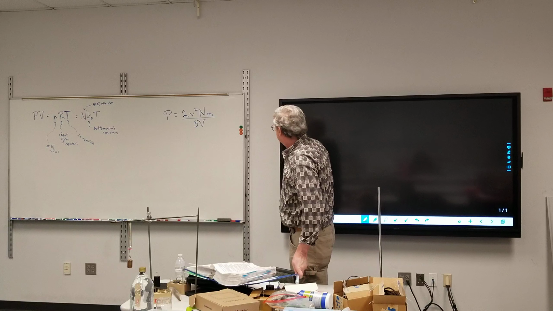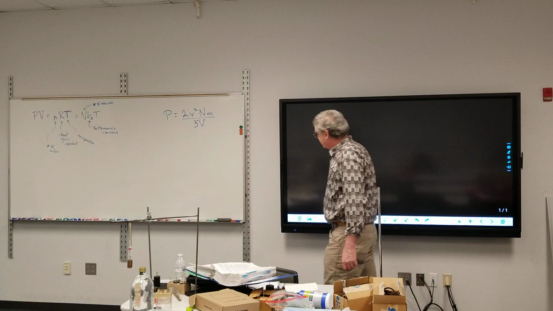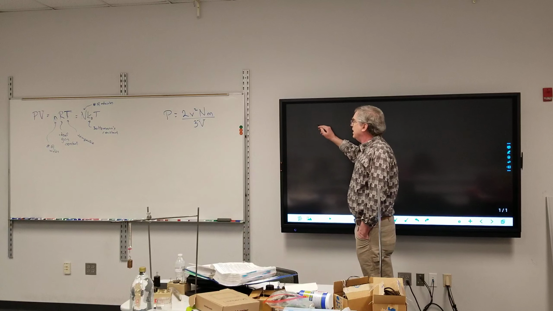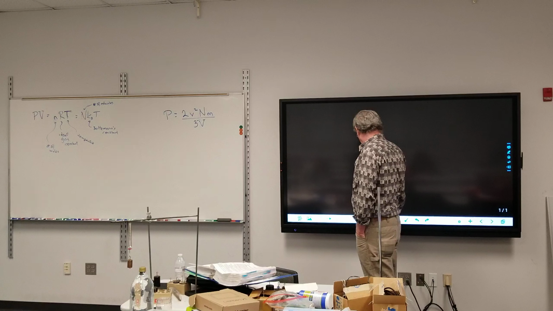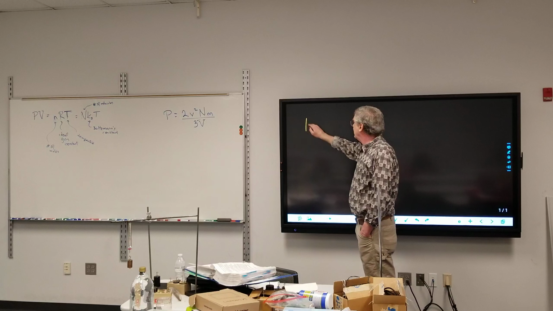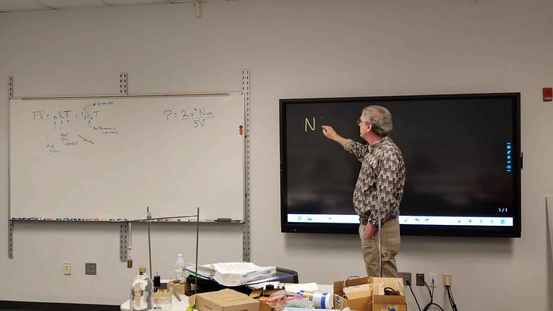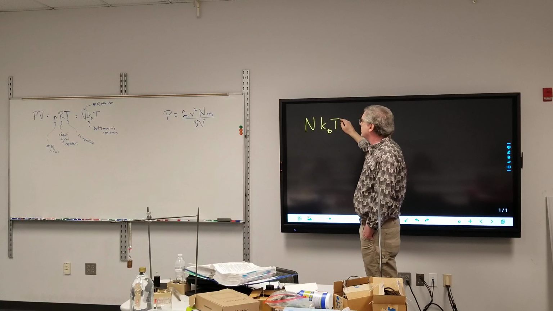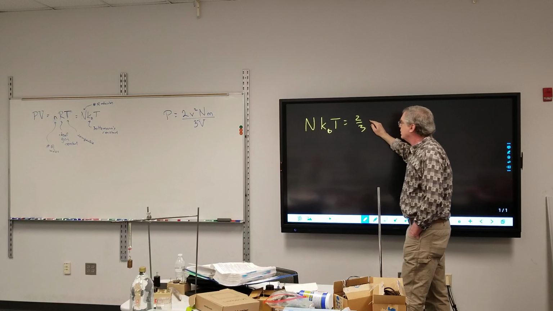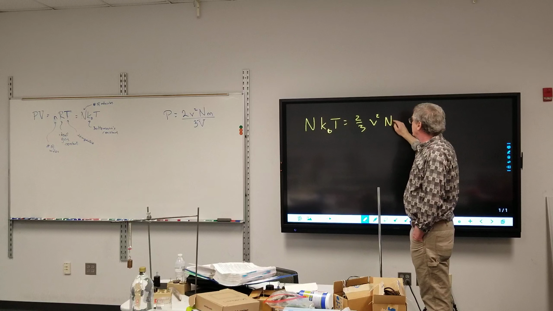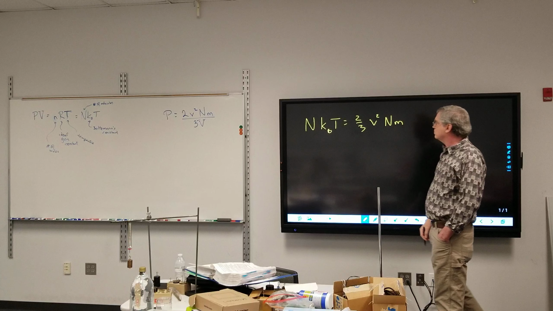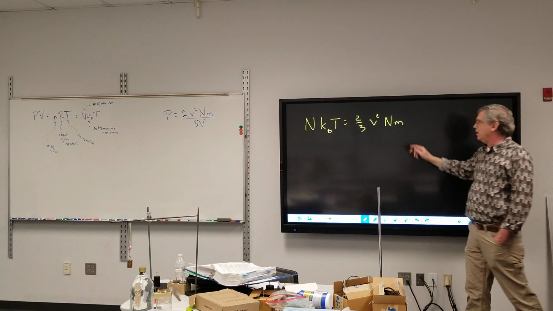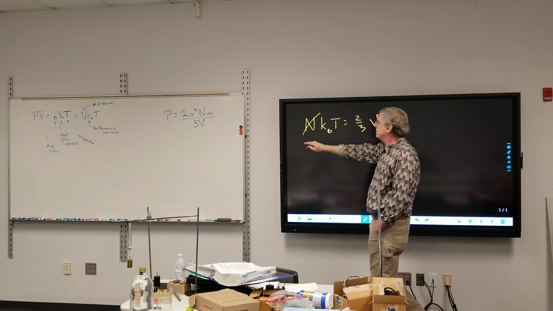So we combine the two equations and I get N kBT is equal to 2/3 V squared N. Obviously, the number of molecules cancels out.